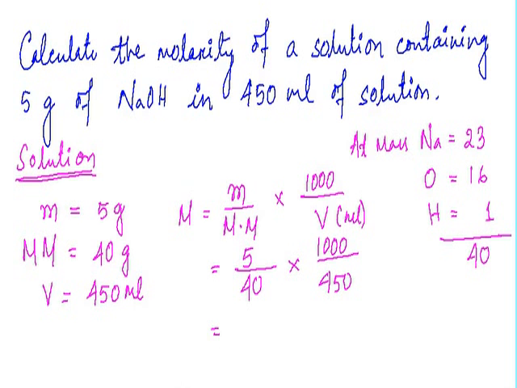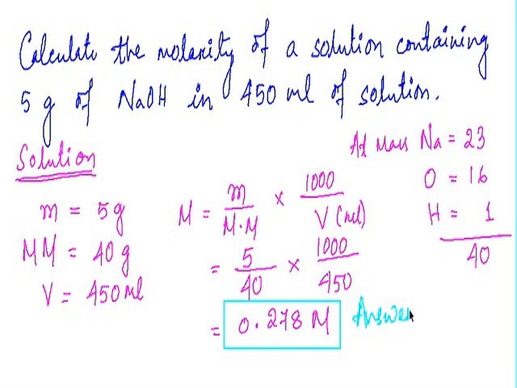Now if you do the calculations, then we finally get the molarity is equal to 0.278, and we generally write like this. So the molarity of the solution, which is produced by dissolving 5 grams of sodium hydroxide in 450 ml of the solution, is 0.278 molar. So this is how we express the molarity. So this is the final answer.